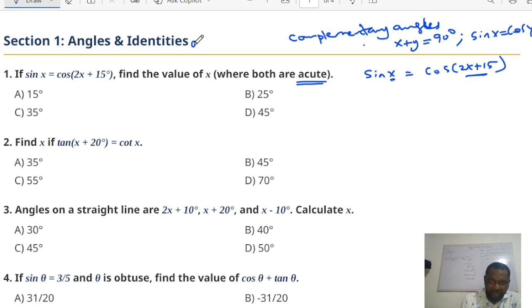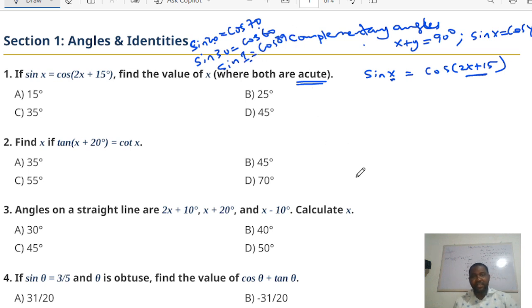Sine 20 gives exactly the same answer as cos 70 because 20 plus 70 is 90. Sine 30 gives the same answer as cos 60. Sine 1 gives the same answer as cos 89, because 1 plus 89 is 90.